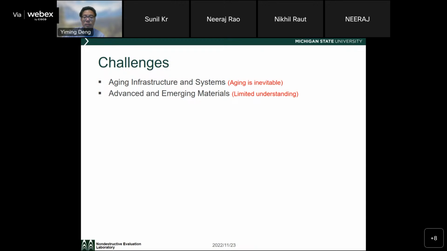But the problem is we still have limited understanding of those materials. Let's say we have a new 3D printed structure. It can be metal, it can be plastic.